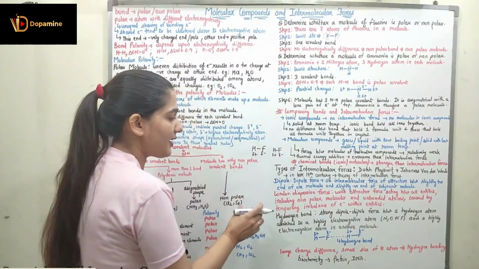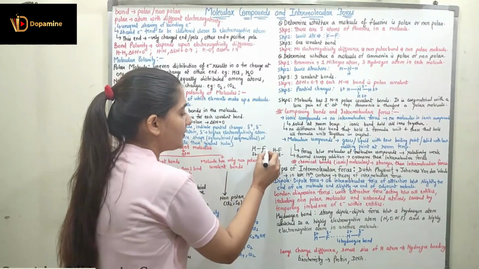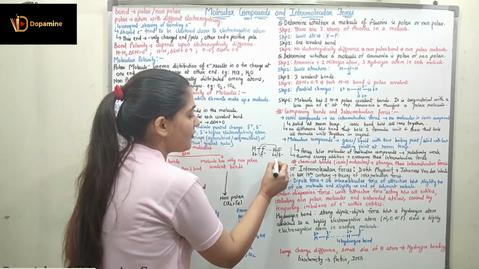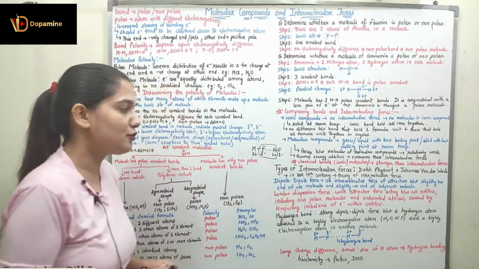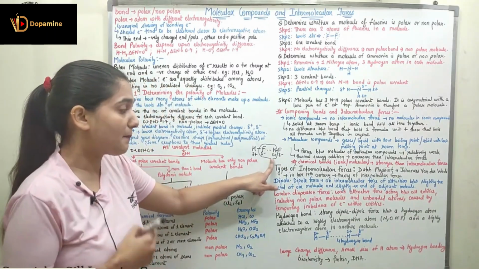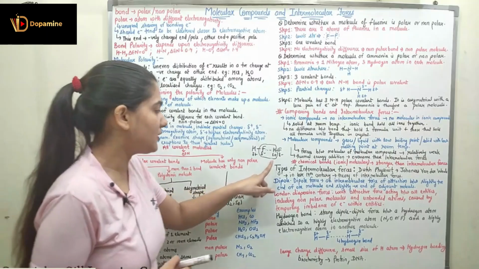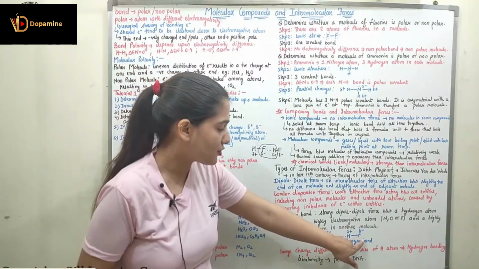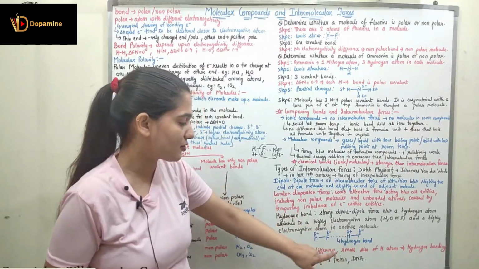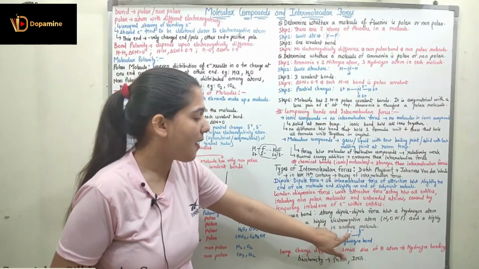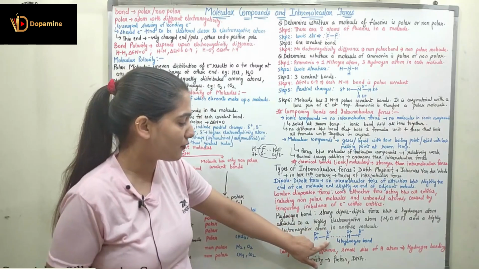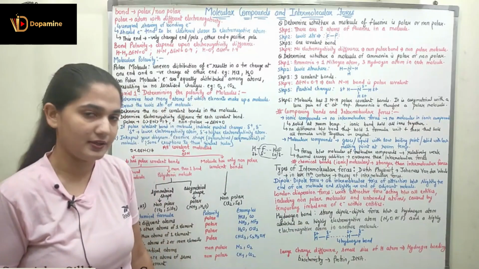So we will have the bond formation between this partial negative fluorine and the hydrogen having the partial positive charge. So this partial positive hydrogen is connected with this partial negative fluorine with the help of hydrogen bonding.